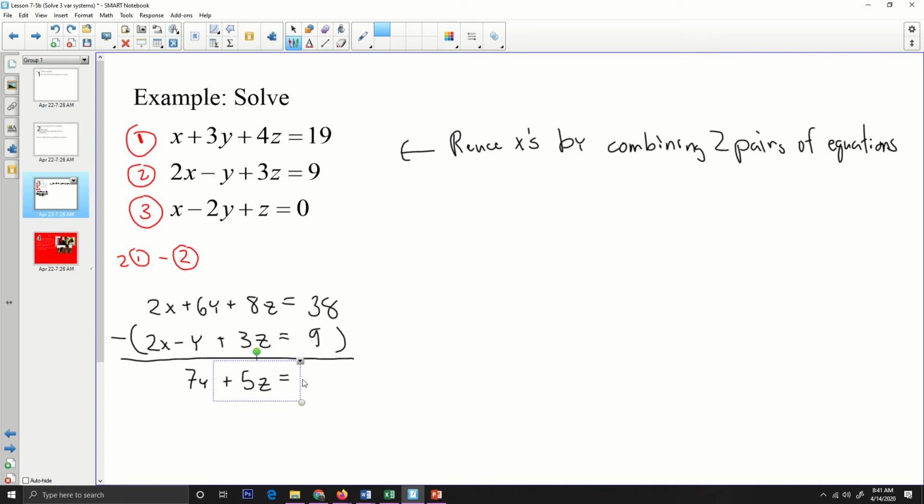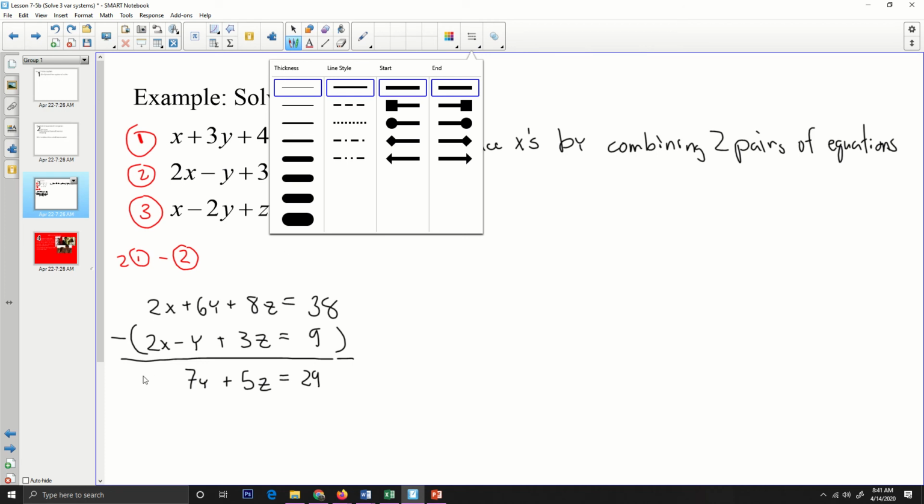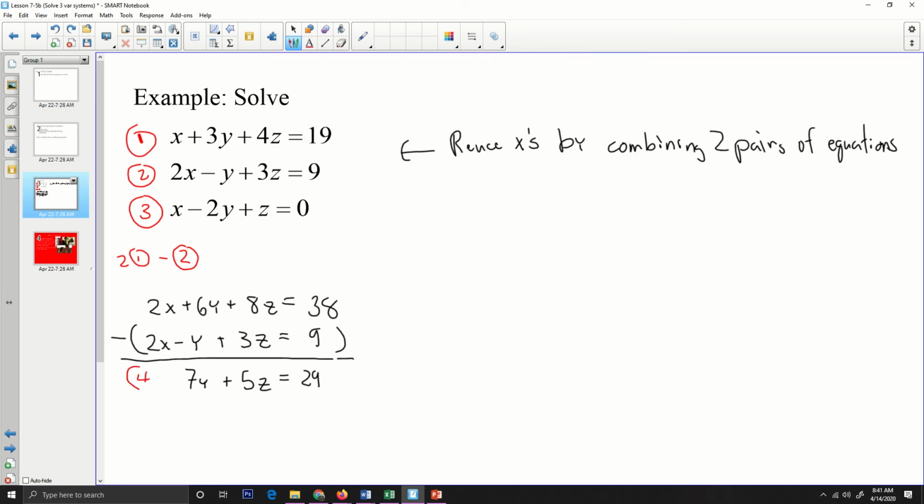And then 40 minus 9 is going to give me 31. No, wait, 2 times 19 is 38, so 38 minus 9 gives me 29. Let's do a better job of subtracting. This I am going to label equation number 4.